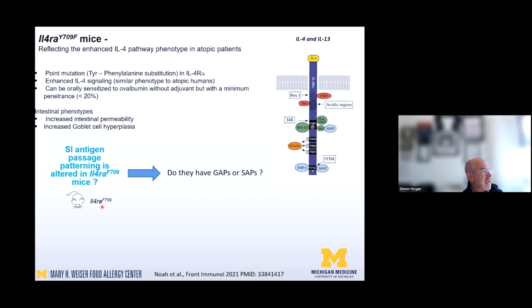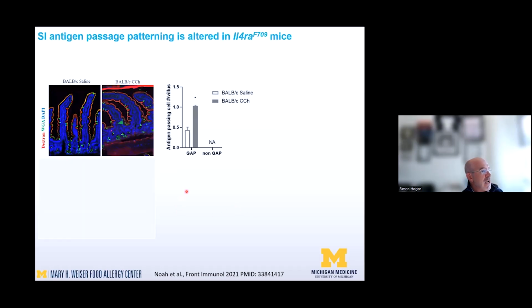So we took the mice, studied the antigen passages, and gave them food antigens. So a short answer is what we could show was, as we've seen before, normal wild-type mice actually only have GAPs. And if you give them muscarinic antagonists, you can activate these GAPs. There's no non-GAPs, so no secretory antigen passages.